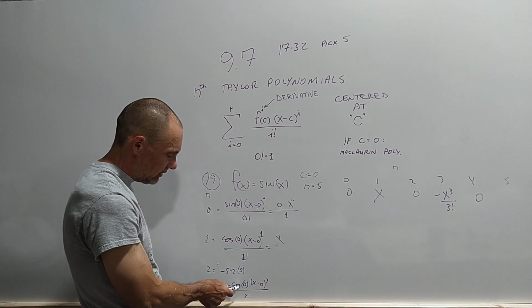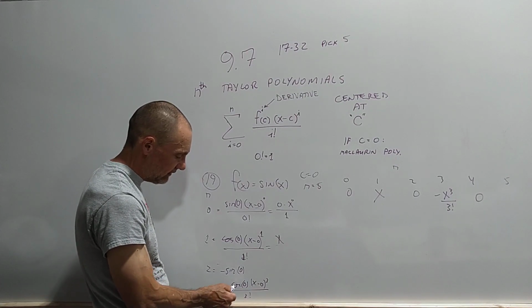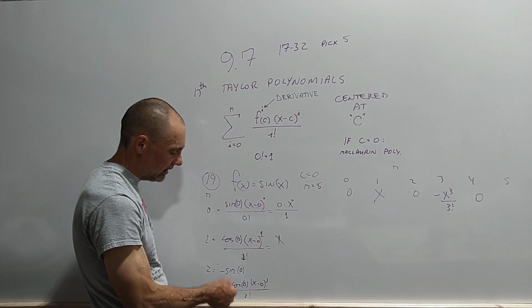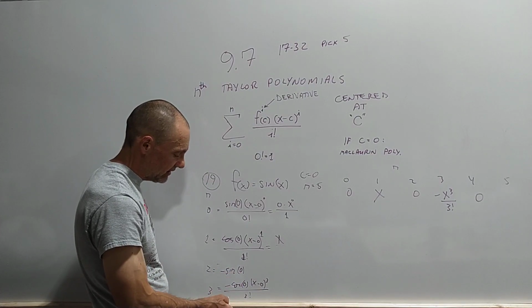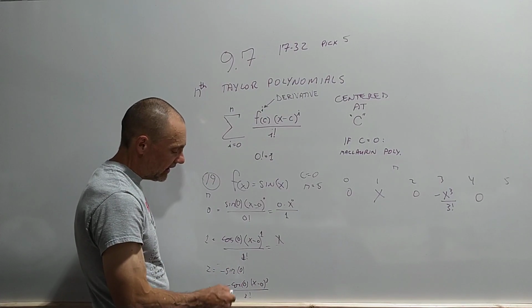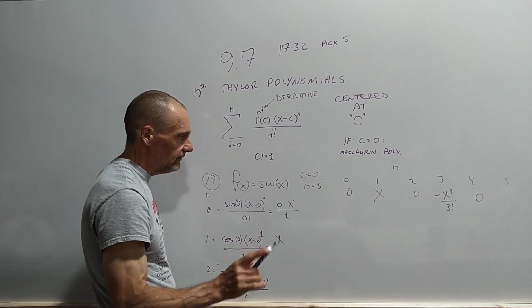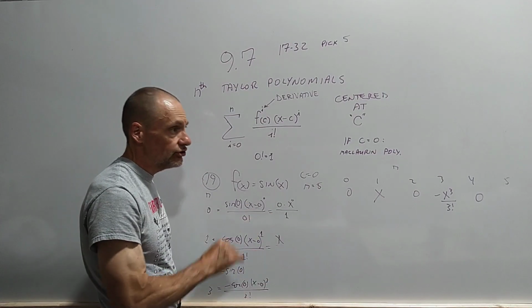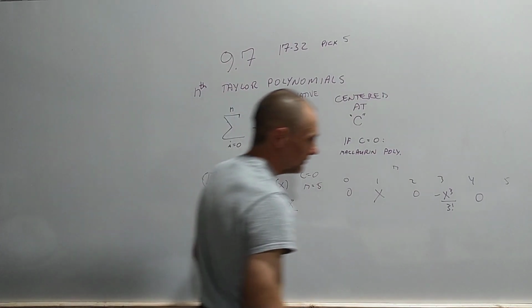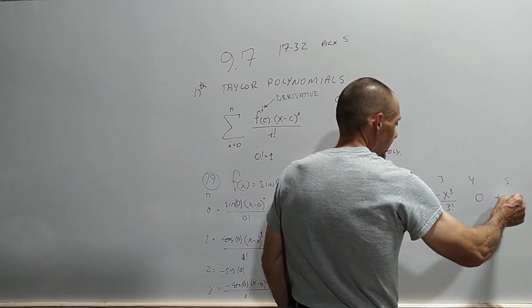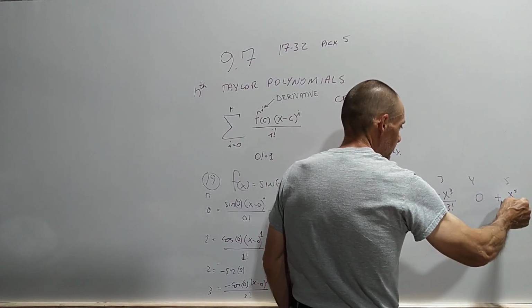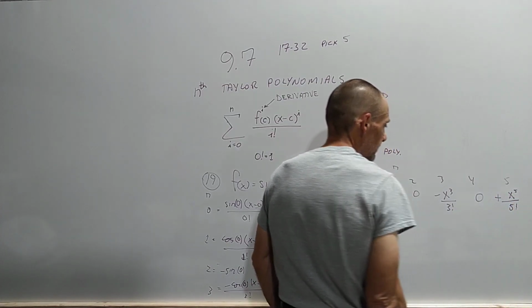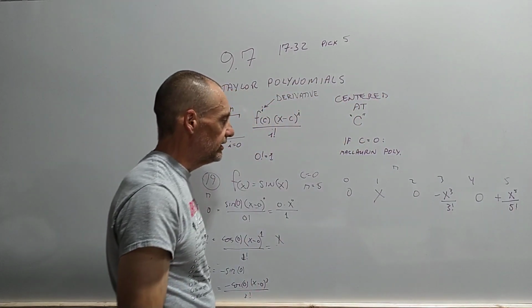We've got the derivative of cosine is negative sine, negative is positive, so it's going to be positive sine, yes? And then the derivative of sine is cosine, so the next term is going to be positive. That term is supposed to be positive, so it's going to be x to the 5th over 5 factorial. I think you can see what's going on here, right?